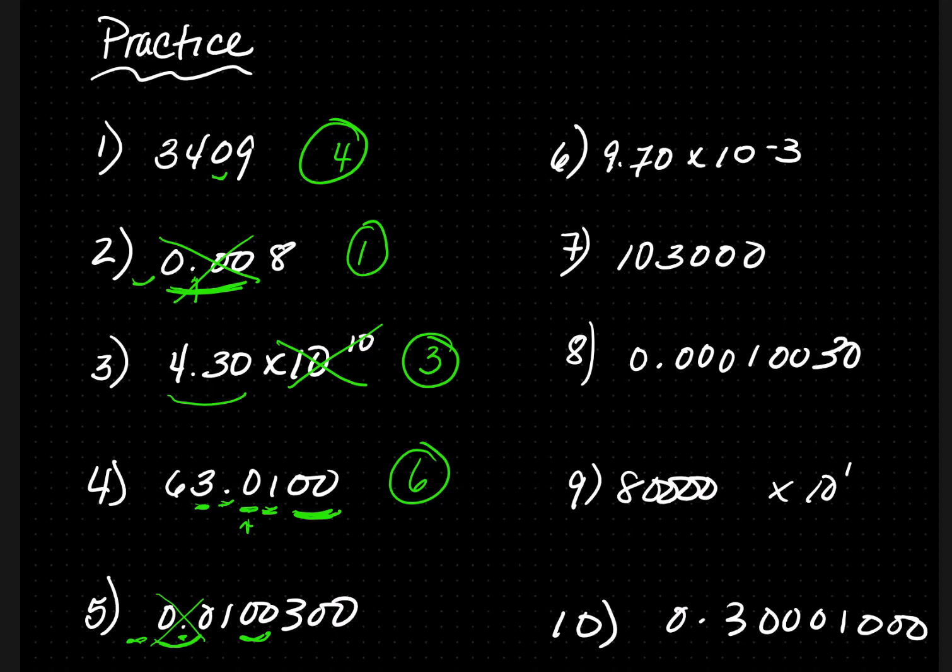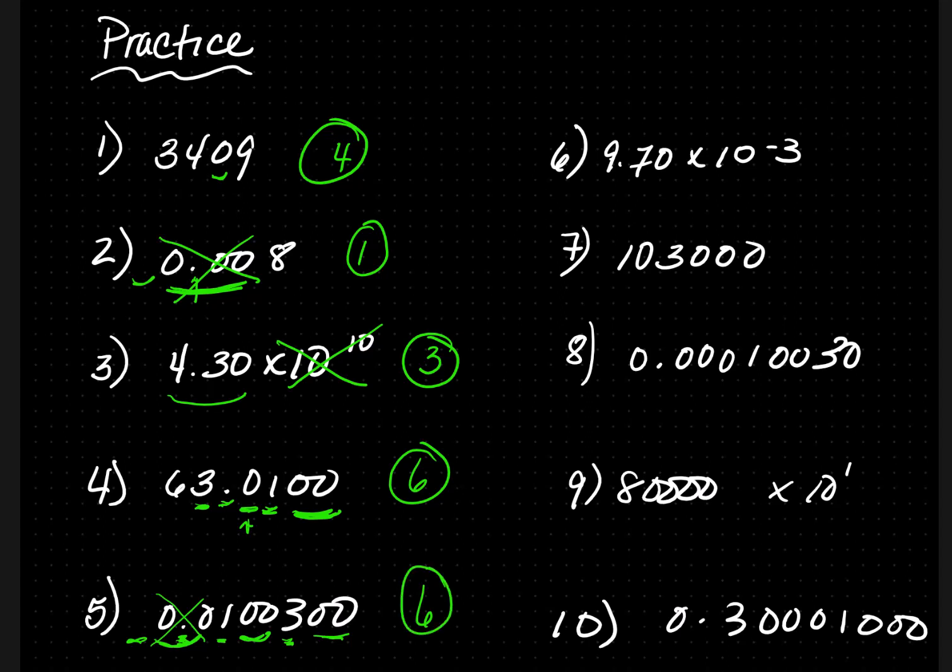The second set of zeros is surrounded by significant digits 1 and 3. So these zeros are significant. Or there's a decimal present, there's a significant digit in front, therefore the 0 is significant. The last set of zeros are also significant. Why? There's a decimal present and a digit that is significant in front of it. So this one has 6 significant digits.